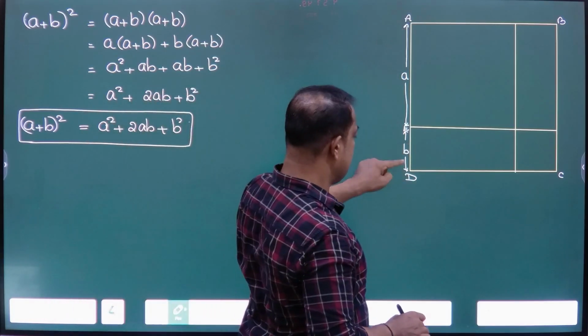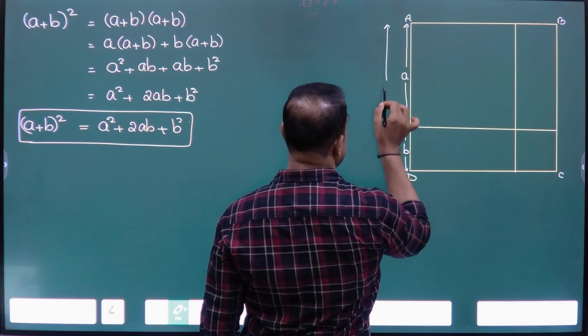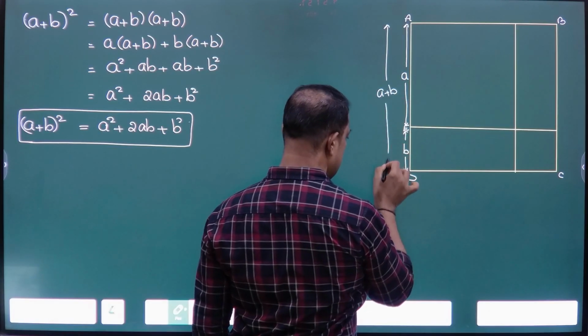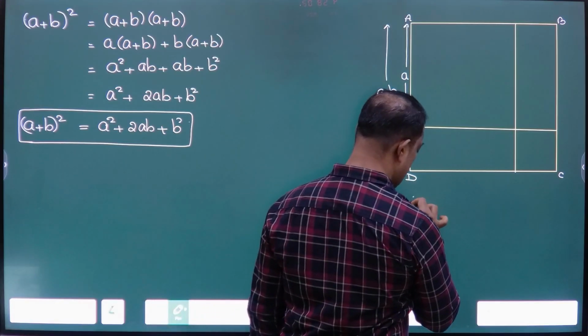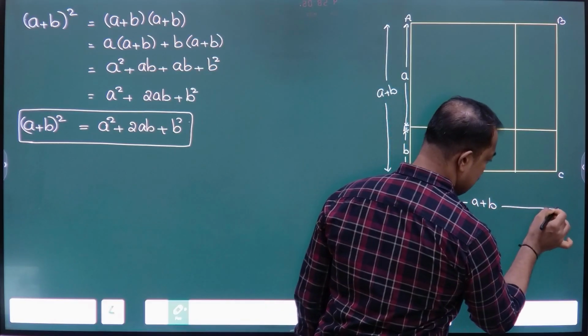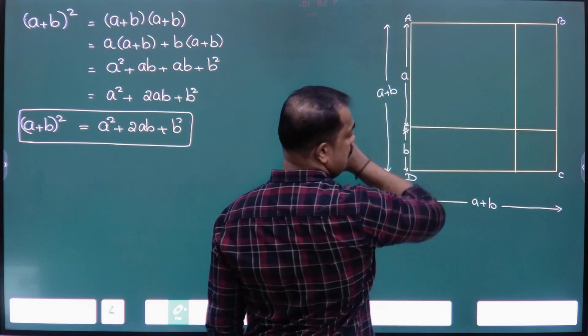Either say the length. That is A plus B. Clear है सबको? Because in a square all the sides are equal, this also A plus B.